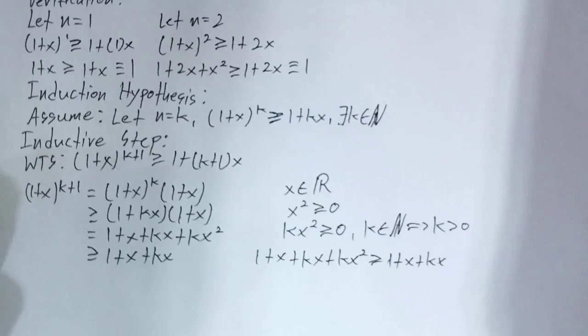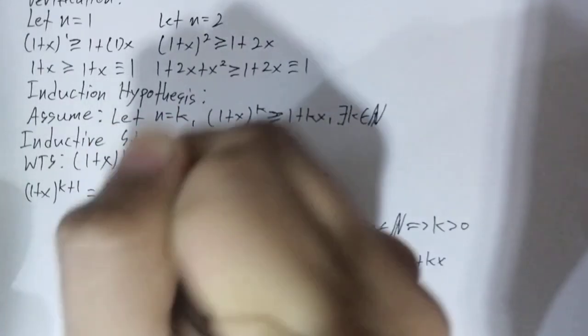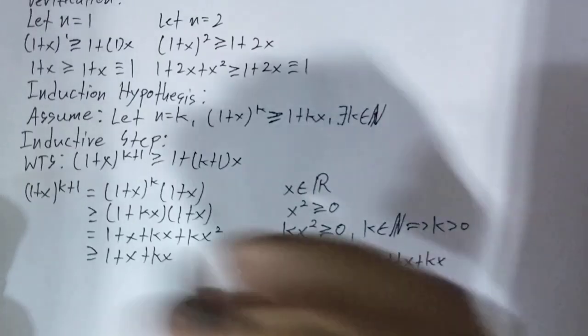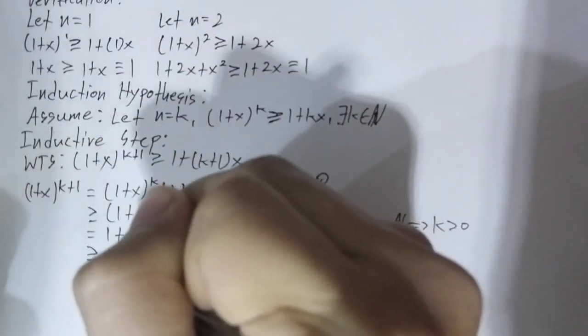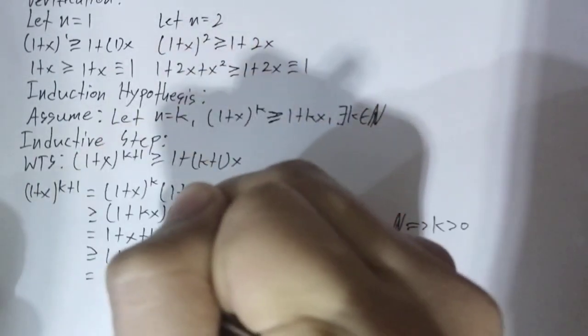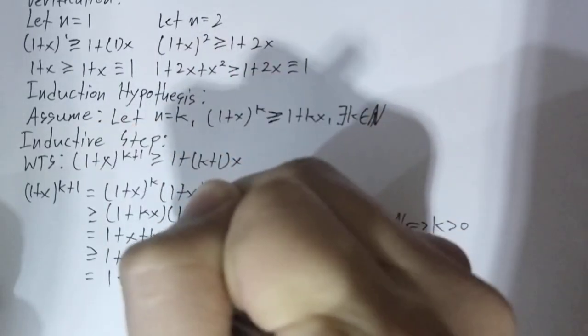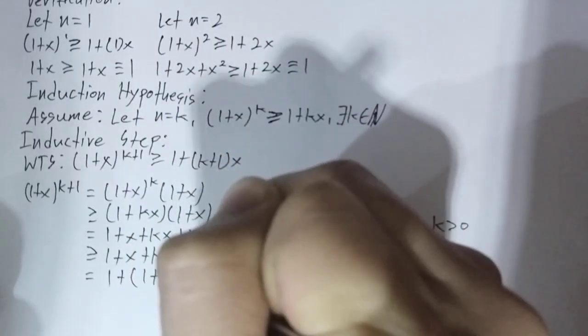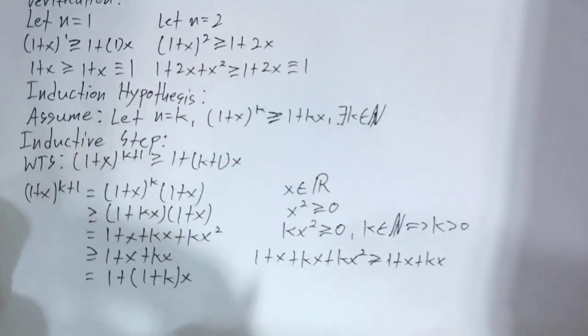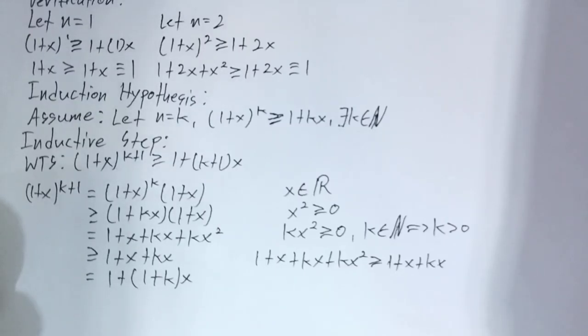So what we do now is simply factor out x, right? Applying the right-hand distribution, this would be the same thing as 1 plus (1 plus k) multiplied by x, correct?